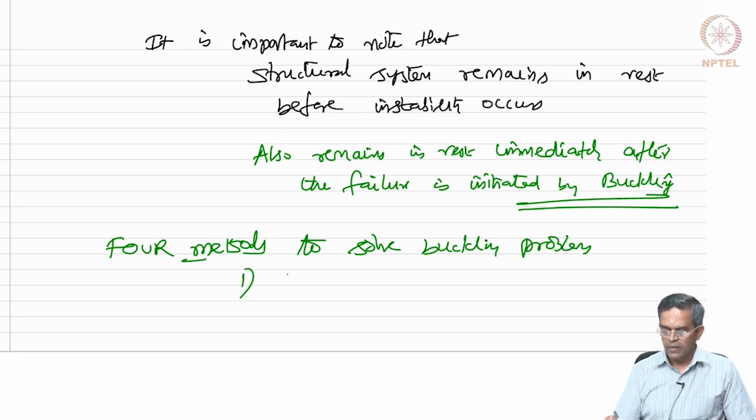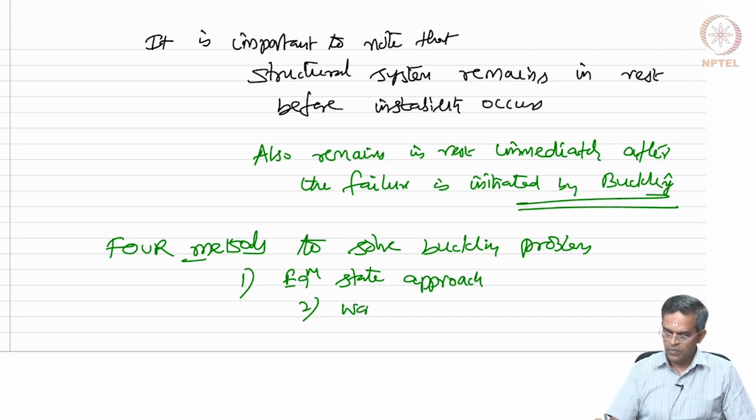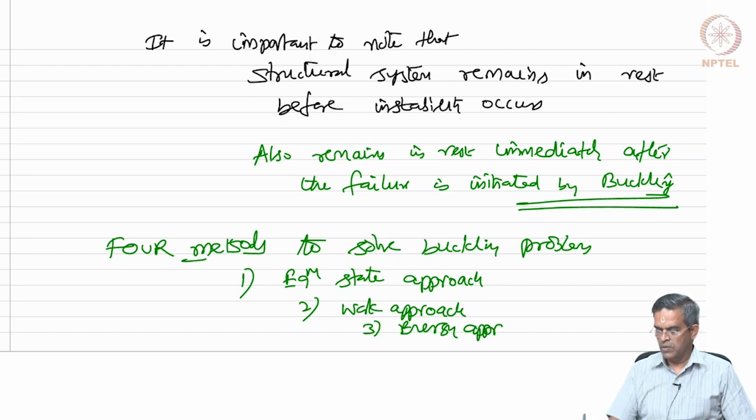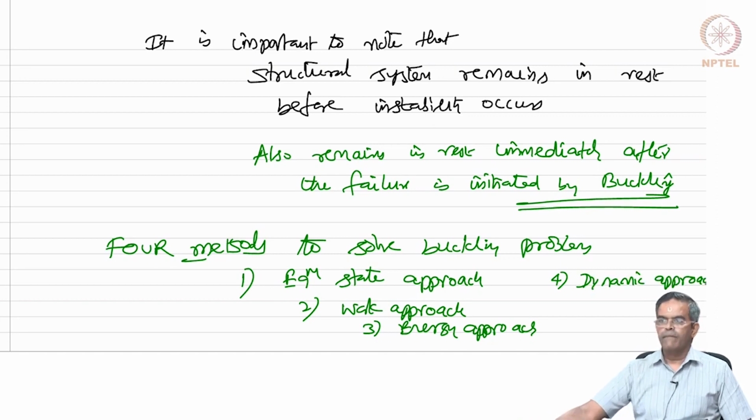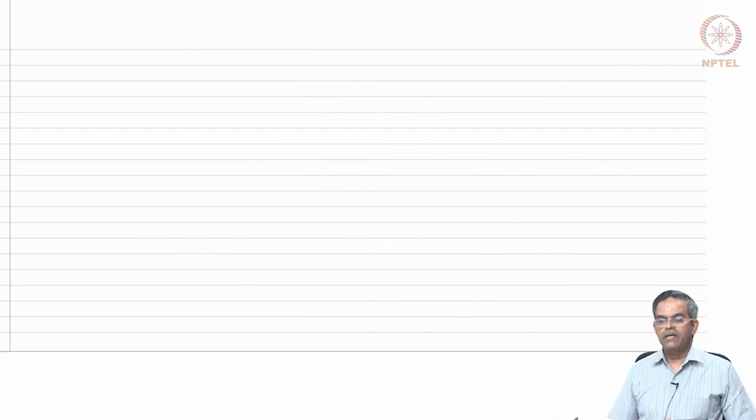One, equilibrium state approach. 2, work approach. 3, energy approach. 4, dynamic approach. So, we have bridged the understanding between stability and buckling, is it not?